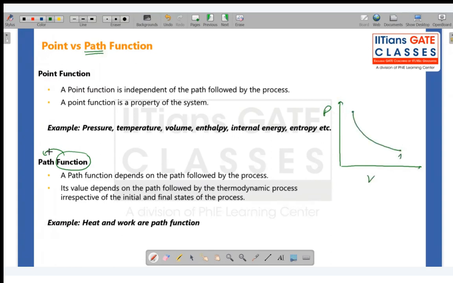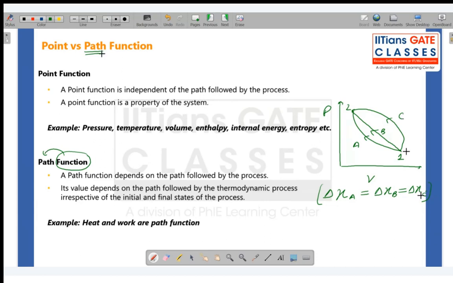I am going from 1 to 2 using a path A. Now I am going with path B, or with path C. If I have a property that is a path function, say a property X, will this property or change in this property for path A be the same for path B and path C? Is it correct or not? Do you think so?